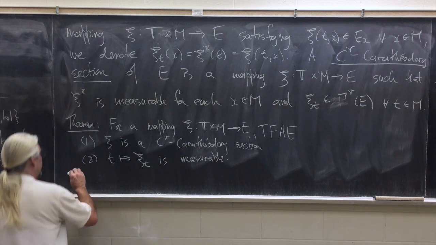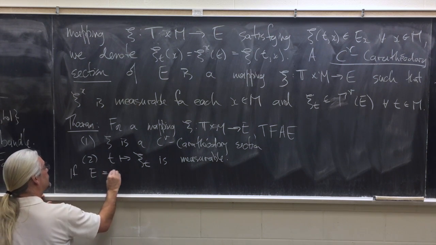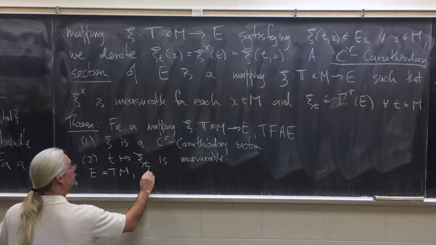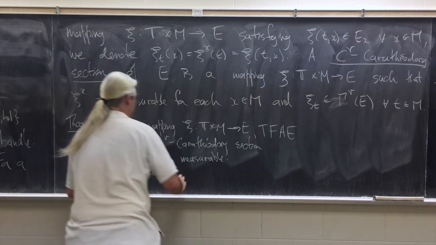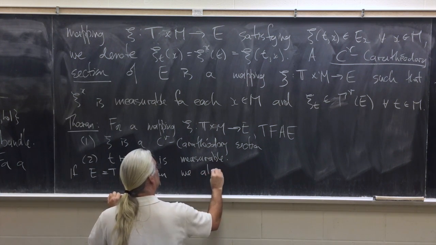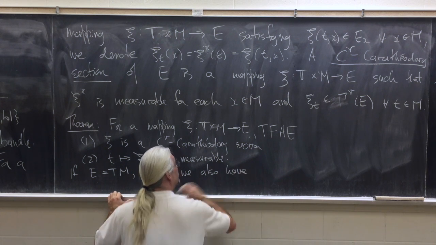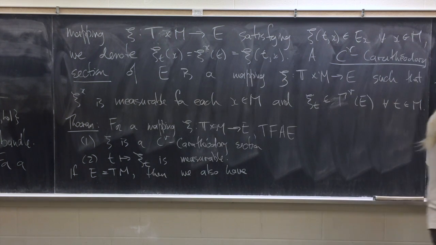So if E is TM, then we also have the weak L versions of this.